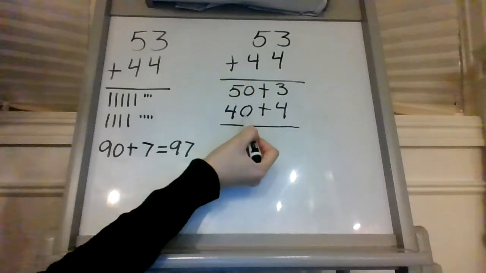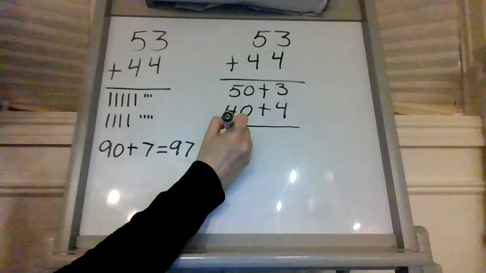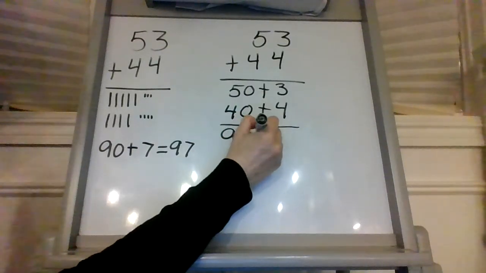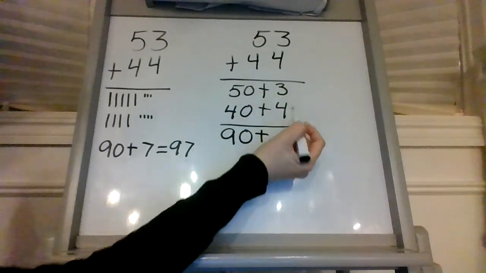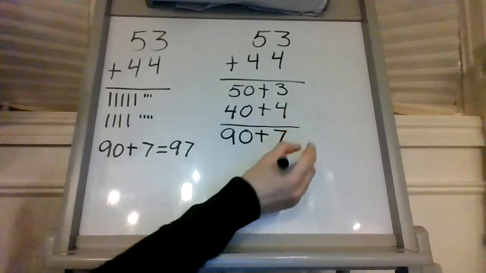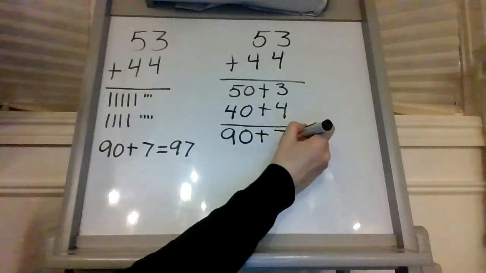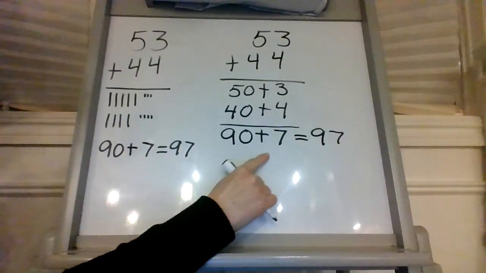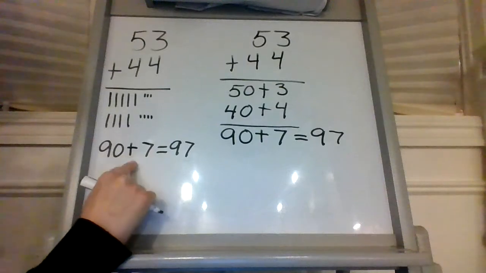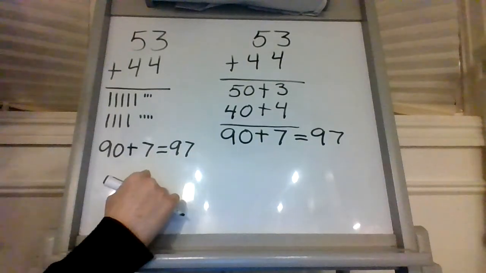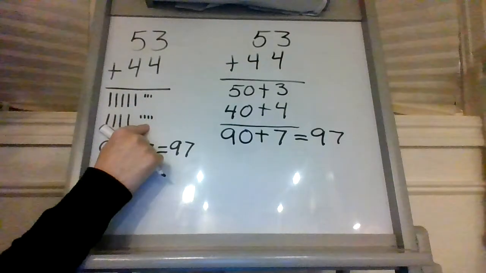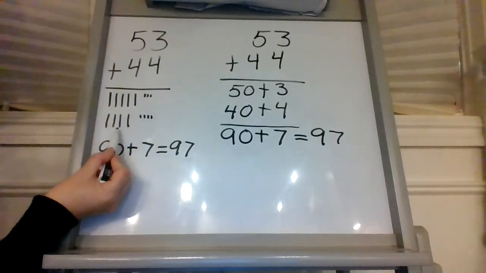So 50 plus 40 is 90, plus 3 plus 4 is 7. 90 plus 7 equals 97. And if you take a look at them side by side, we just did the same exact thing. This was in picture form, and we added the pictures together, right?